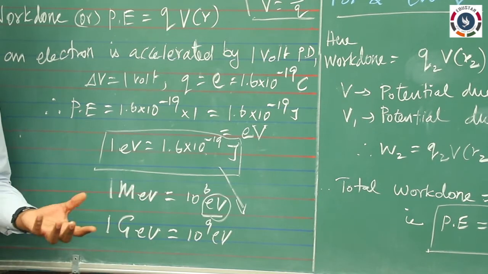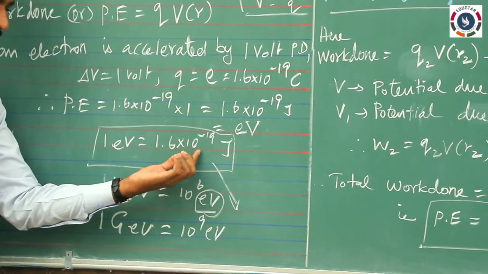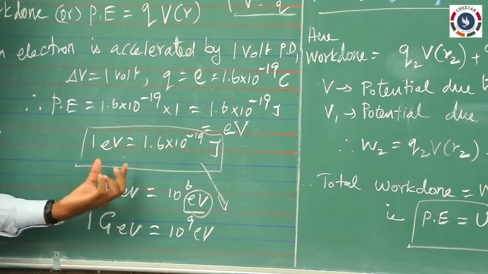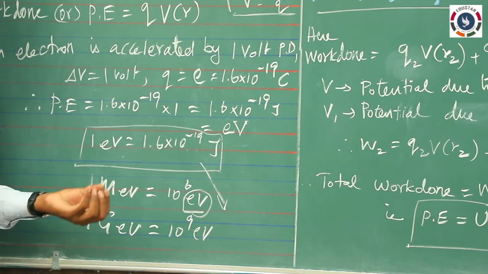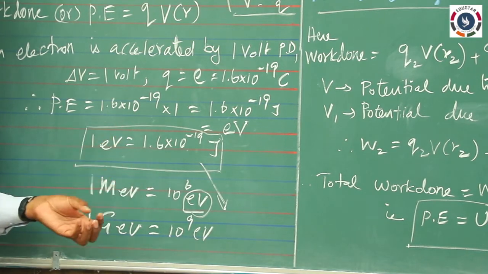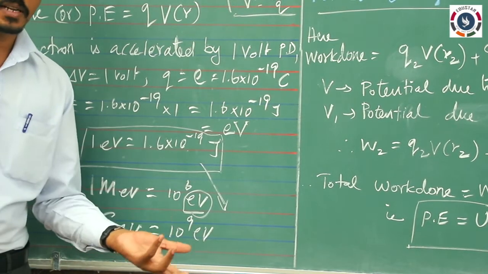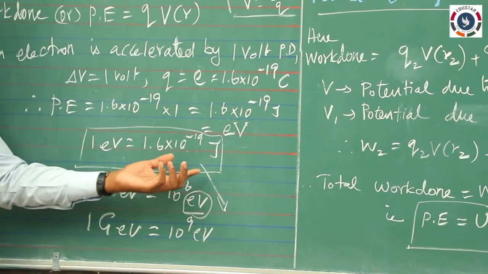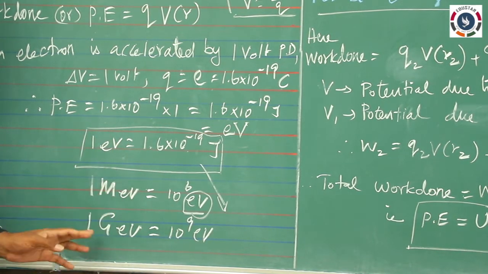You can imagine how small this amount of energy is, 10 to the power minus 19 joule. The electron volt is a microscopic level of energy, applicable only to fundamental particles like electrons and neutrons, while the joule is the macroscopic unit. Similarly we can write mega electron volt, giga electron volt.